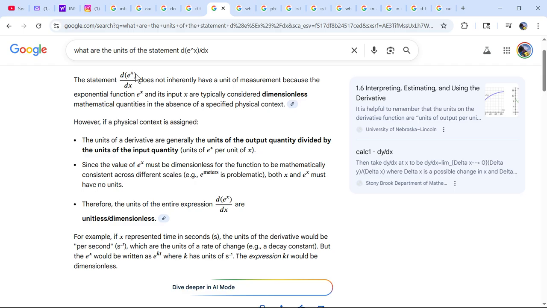With a function, your input can have a dimension, and your output can also have a dimension. We've already talked about how this is e to a power of a variable, so for physical sense, it's dimensionless. So x has to be dimensionless.